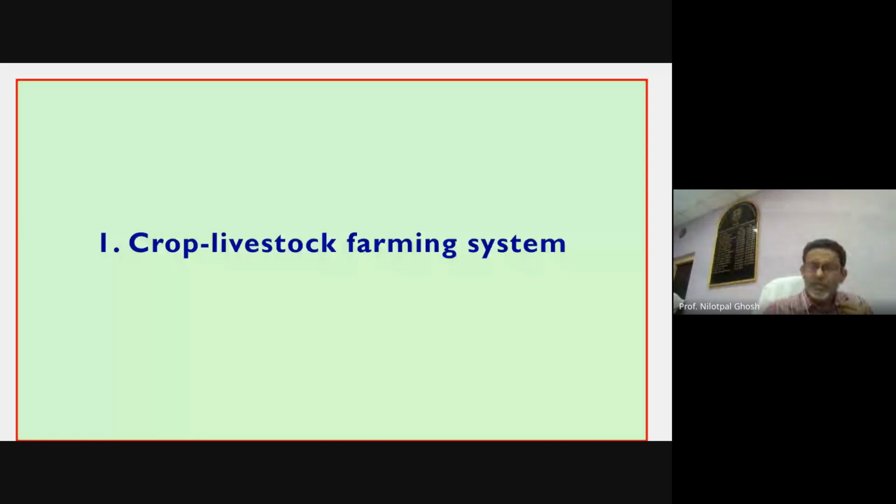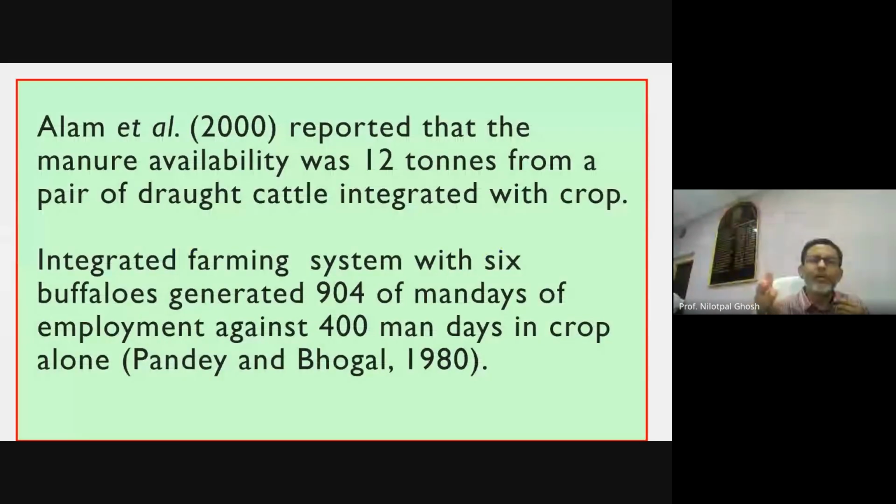Now, you see some examples. This crop livestock farming system, one Alam et al. reported that manure availability was 12 tons from a pair of draught cattle. Draught cattle means the cattle used for agricultural operation in the field, for plowing, for cart driving, etc. 12 tons manure is available.